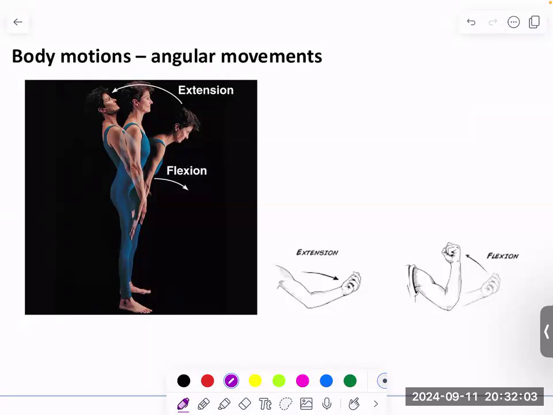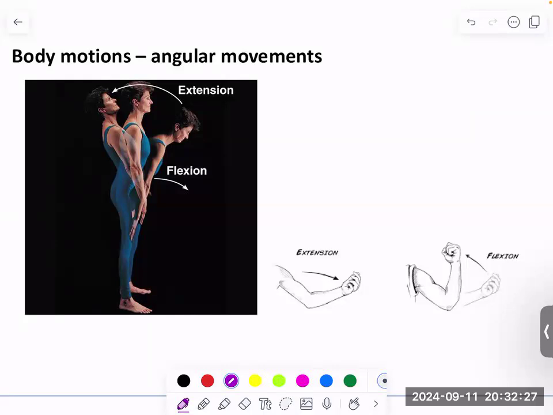And then, to make it tricky, flexion of the leg. Leg. There is no lower legs. Flexion of the leg, because the angle is getting smaller. Extension, bigger.